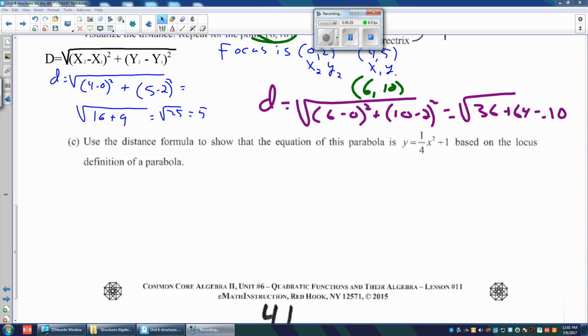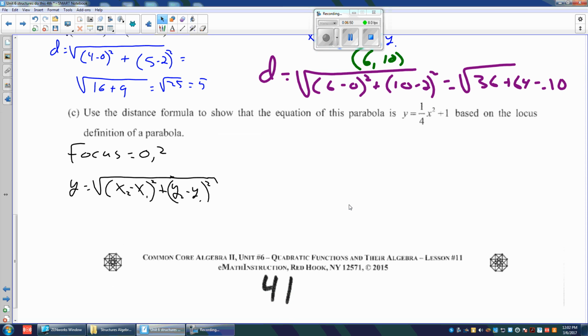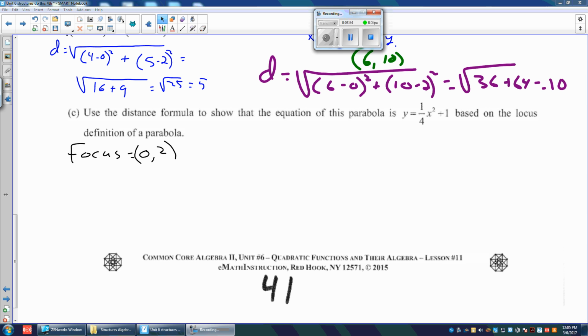Use the distance formula to show that the equation of this parabola is y equals 1/4 x squared plus 1, based on the locus definition of the parabola. So we have the focus is (0, 2). I wrote down the focus point and I wrote down the distance formula. Notice with the distance formula, I wrote y instead of d. I meant d instead of y. So let's take this nice and easy.